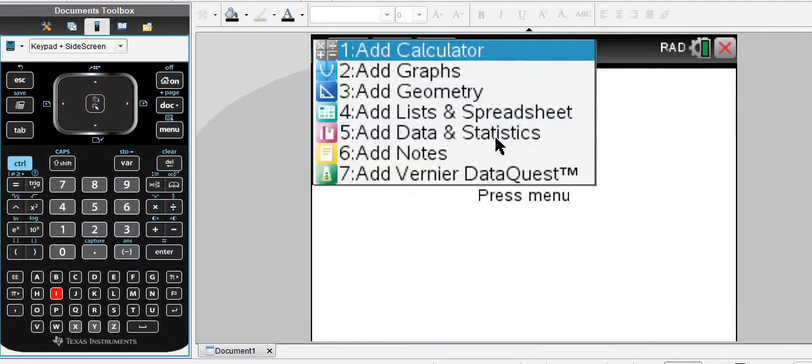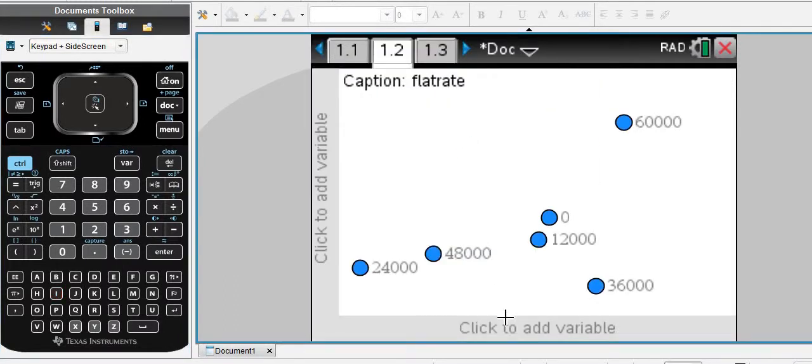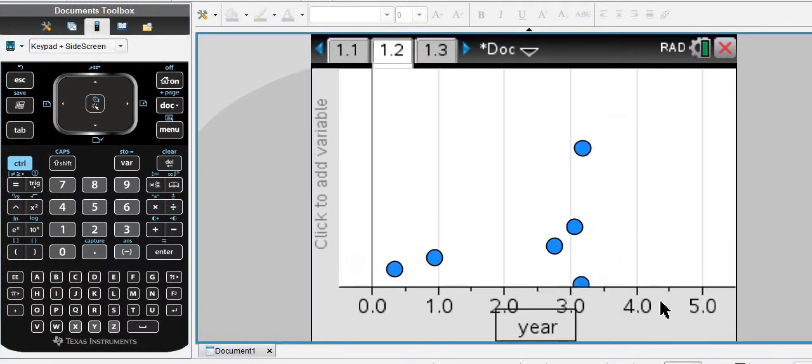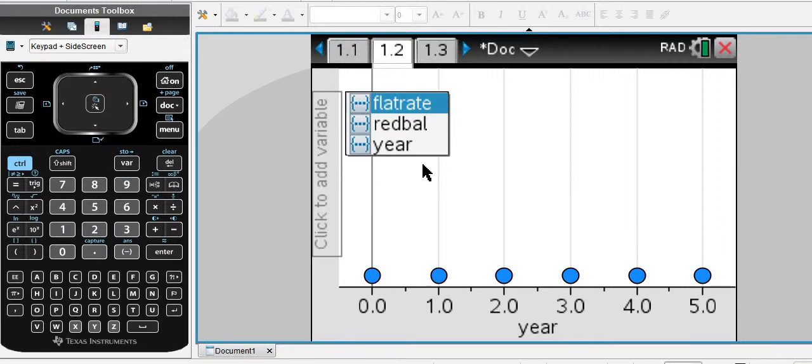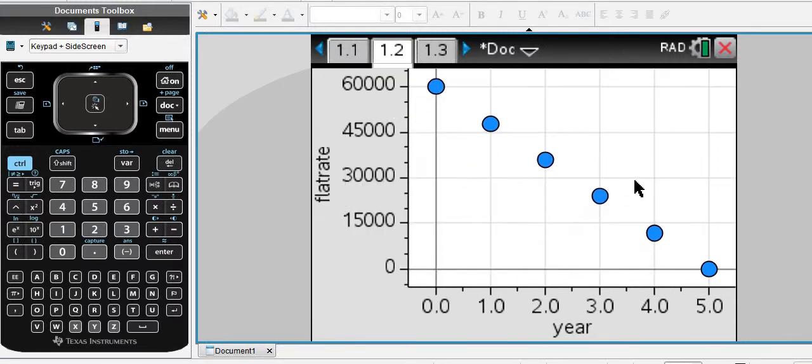So Control I, add data and statistics. Okay, so year 0 to year 5, and I'm going to put in my flat rate first because we've seen this before. Okay, so with a flat rate depreciation, you get a straight line graph, and the reason why you get a straight line graph is because you come down by the exact same amount every time. Okay, so you're losing $12,000 every time.